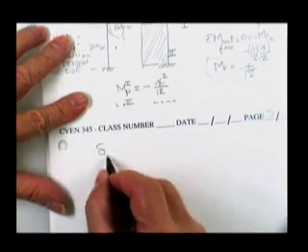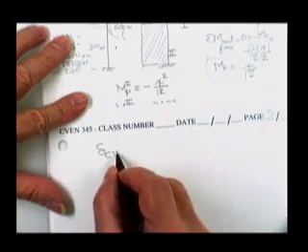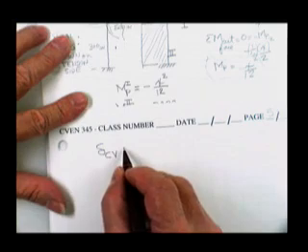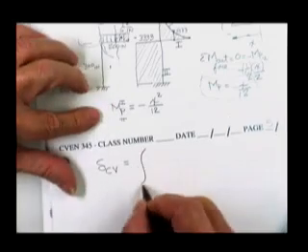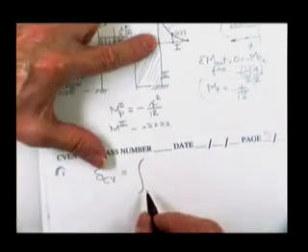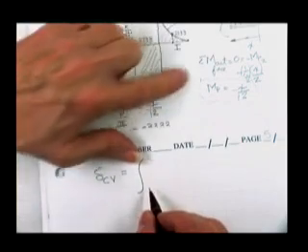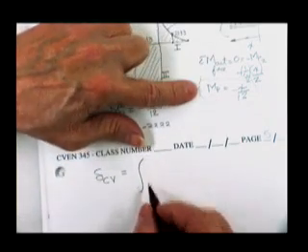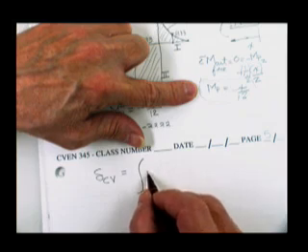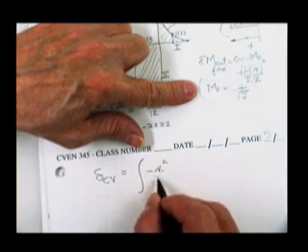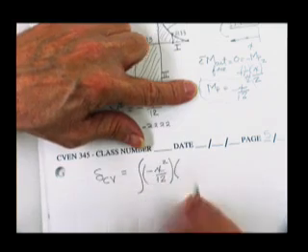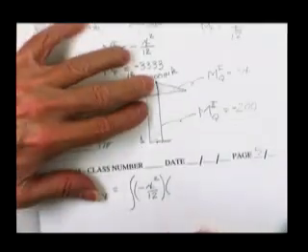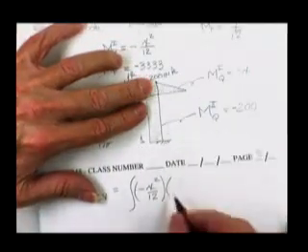The deflection at C in the vertical direction is equal to the integral in region 1 of the equation m sub p times the m sub q.